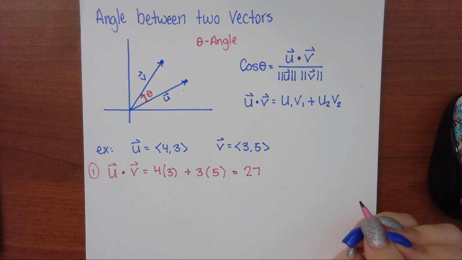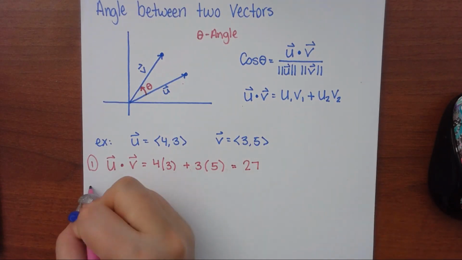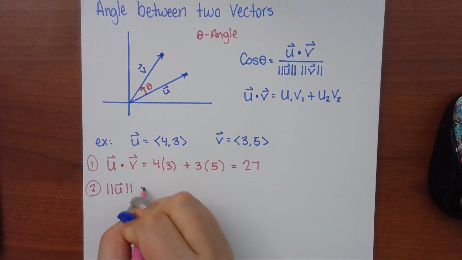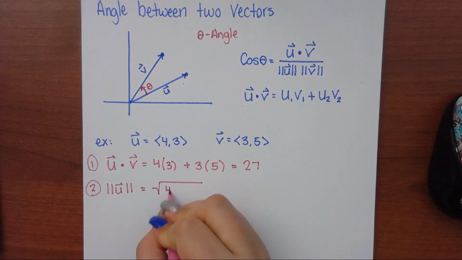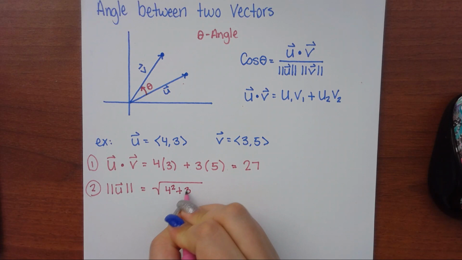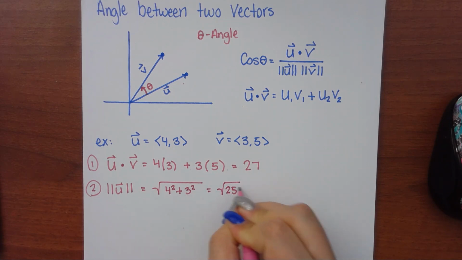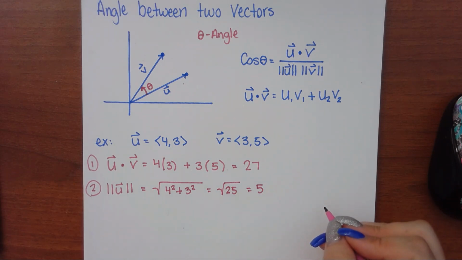So my dot product is 27, so now let's look at my magnitude. We're going to find the magnitude of both u and v, so we find the magnitude of u first. That is the square root of 4 squared plus 3 squared, which is equal to the square root of 25. Now the square root of 25 is 5, so I'm going to simplify it to 5, or you can leave it as the square root of 25.